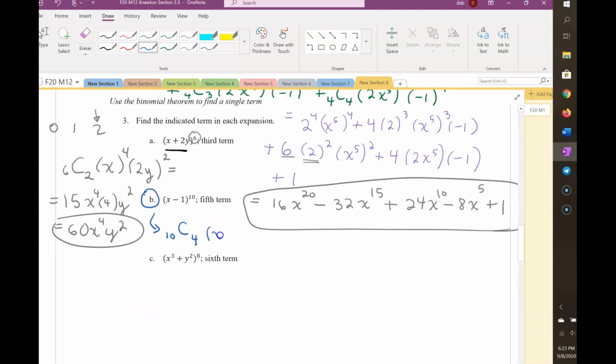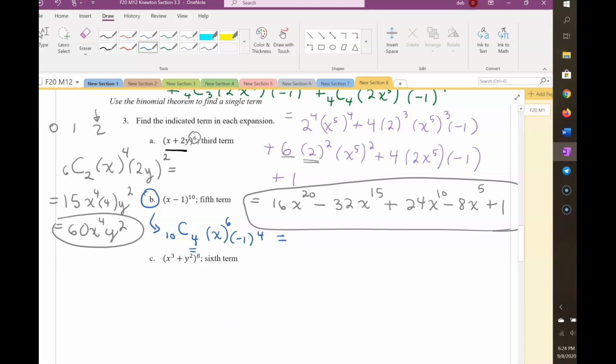And then we're going to have x to the power of, if it's the 5th term, it's 10, 9, 8, 7, 6. And then the -1 is going to be to the power of 4 because the exponents always have to add up to the 10. But you could always also notice that it always matches this, how many are you choosing? So let's see, 10 choose 4.